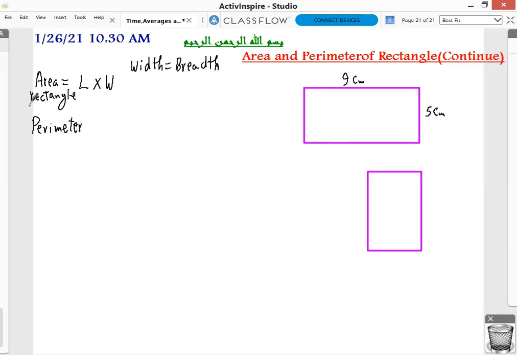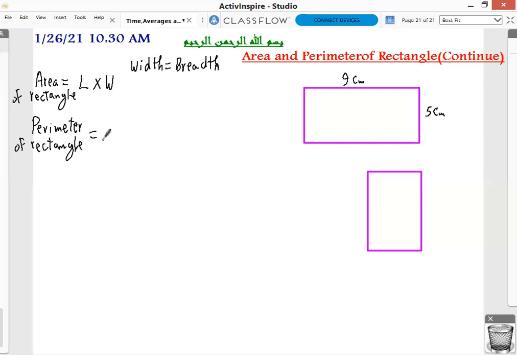this is about perimeter of rectangle. Equals, I told you yesterday, what is the perimeter of rectangle? Yes.